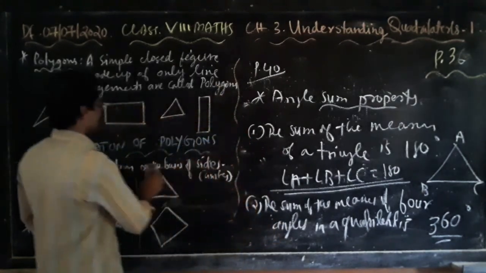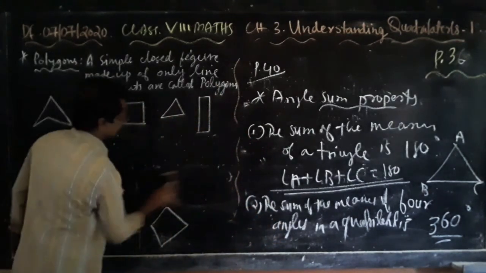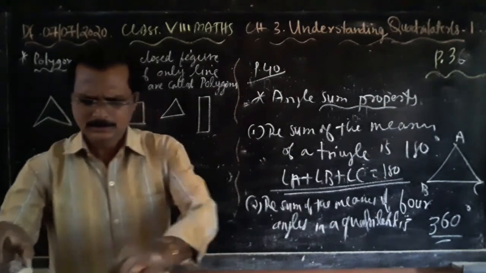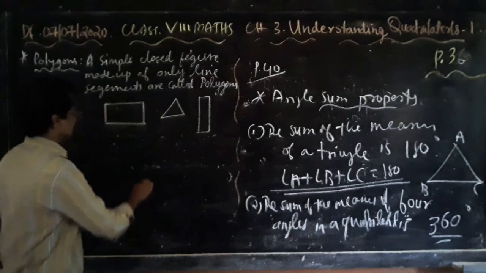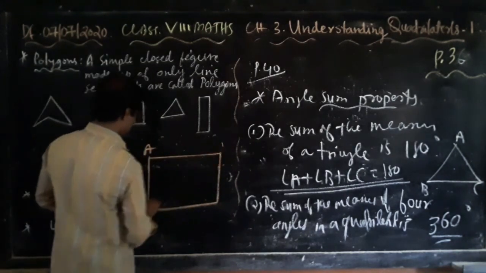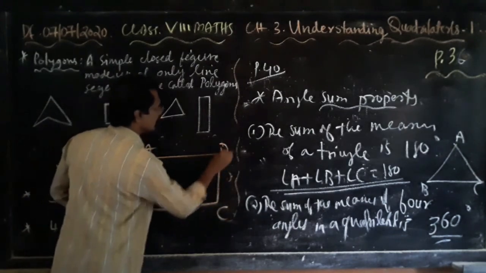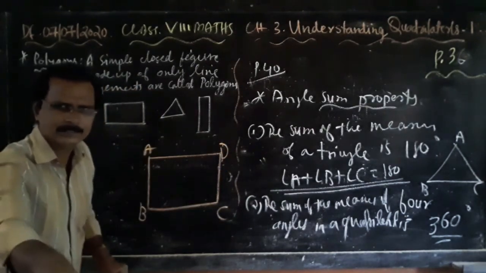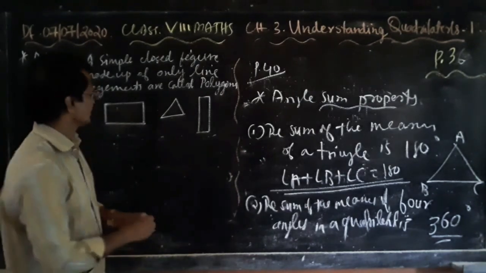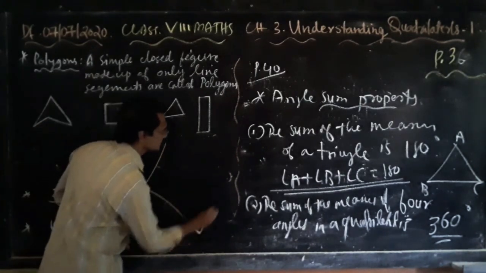How to construct a quadrilateral? Simple example. You can construct a quadrilateral here: A, B, C, D. Okay, it's a quadrilateral. Or you can construct it like this. Four sides are needed: 1, 2, 3, 4.